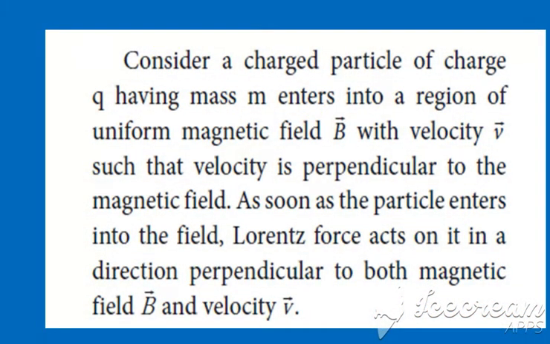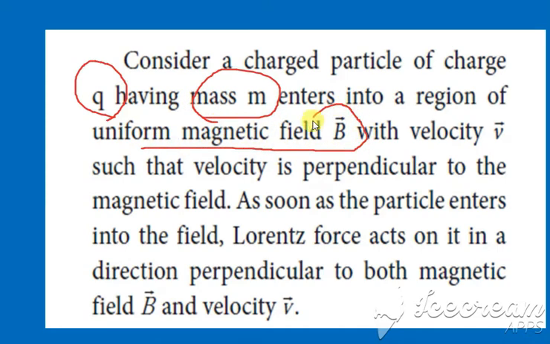The paragraph is, consider a particle which has the charge Q and the mass M. So that particle has a charge Q and it enters into a region of magnetic field B. As I have told you, it has a velocity, and the velocity is perpendicular to the magnetic field. So the velocity is perpendicular to the magnetic field, and as soon as the particle enters into the field, what happens?